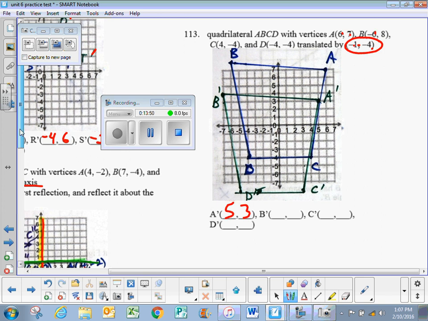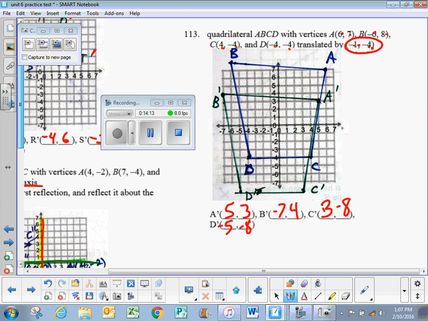Negative 6 minus 1, negative 7. 8 minus 4, 4. 4 minus 1, 3. Negative 4 minus 4 is negative 8. Negative 4 minus 1, negative 5. And negative 4 minus 4, negative 8. That to me is an easy way to write down the coordinates.